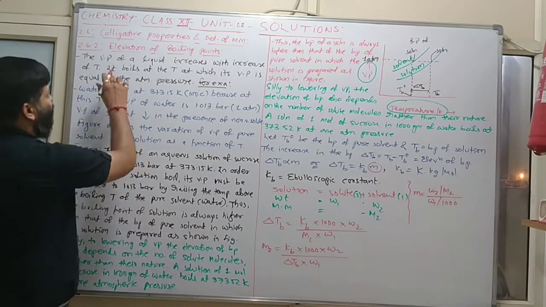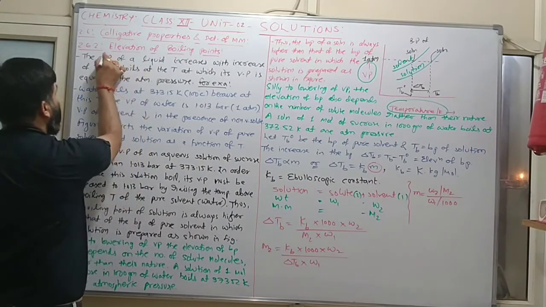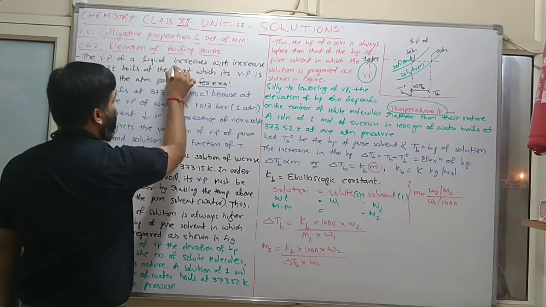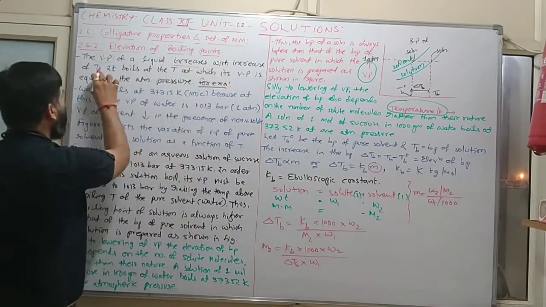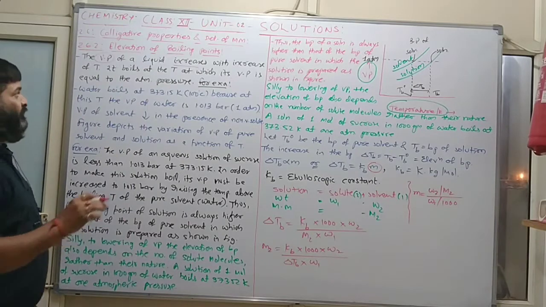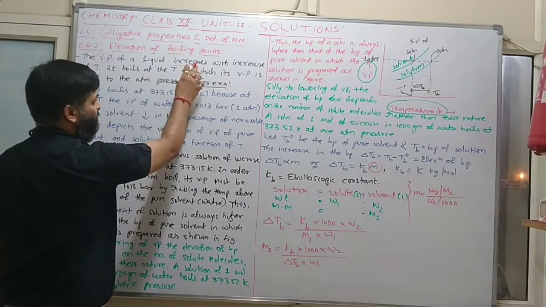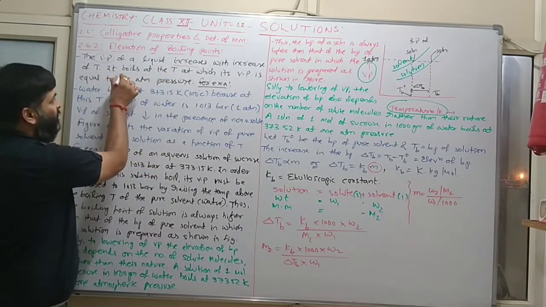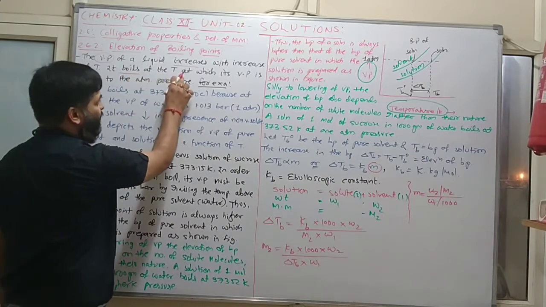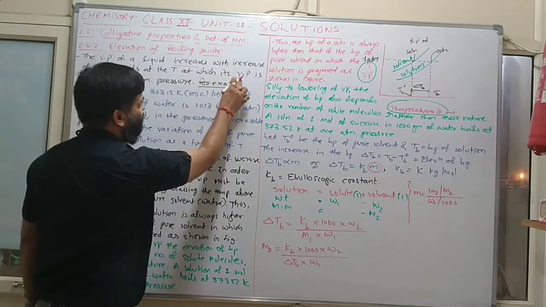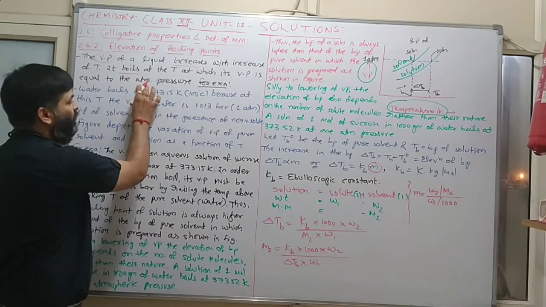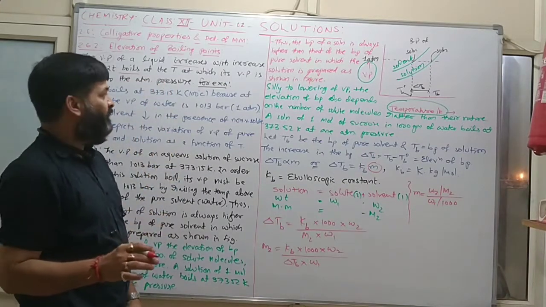Now see, vapor pressure of liquid increases with increase of temperature. It boils at the temperature at which its vapor pressure is equal to the atmospheric pressure.